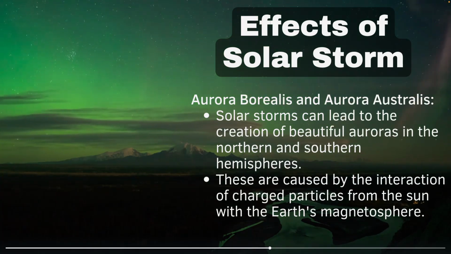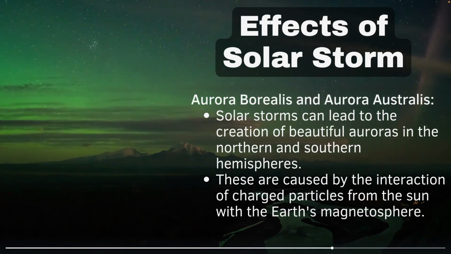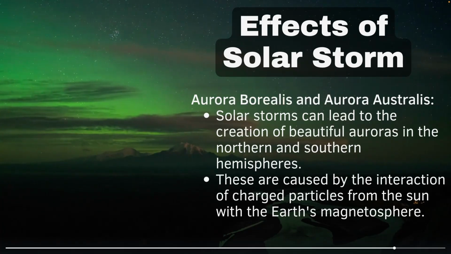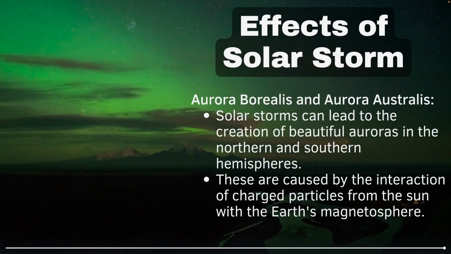The very first and most important effect we see is aurora. Aurora is also known as polar light, which is observed at the northern pole and the southern pole. The light observed at the northern pole is called aurora borealis, and the light observed at the southern pole is called aurora australis.